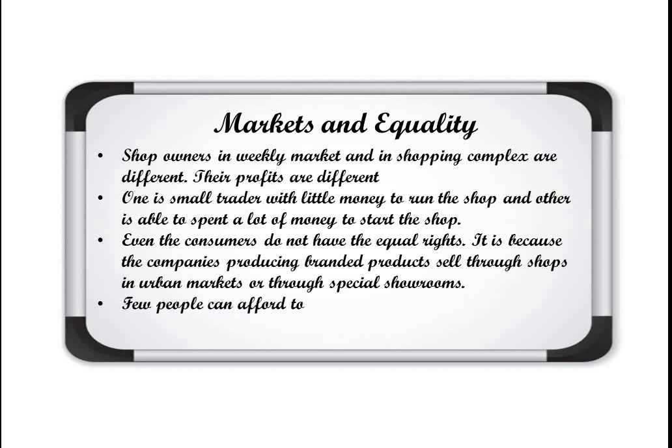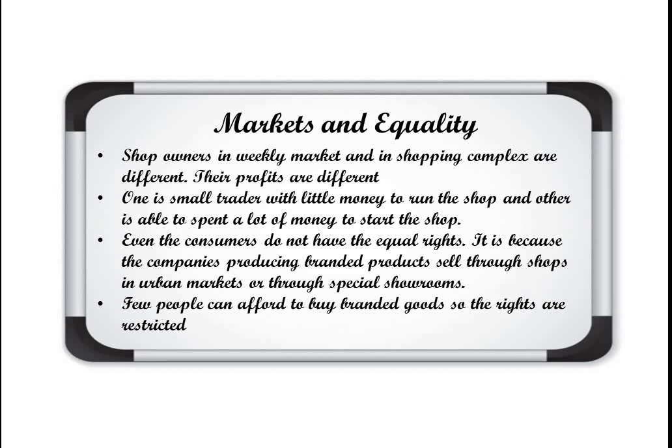Few people cannot afford to buy branded goods, so the rights of those people are restricted. They are really not able to buy the branded items. So this is all about markets and equality. Clear? So with this topic we have covered our lecture as well as the chapter.